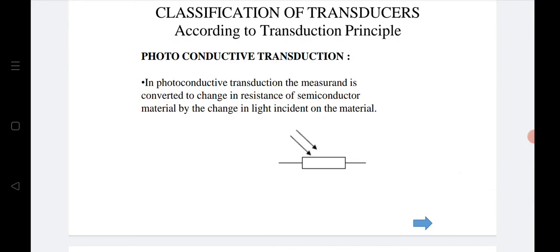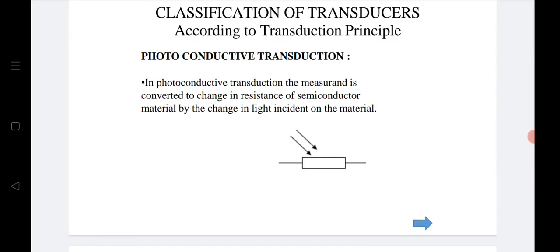Based upon the transduction principle, the next type of transducer is your photoconductive transduction. In photoconductive transduction, the measure is converted to a change in resistance of a semiconductor material by a change in light incident on the material. The physical quantity here acts as your light.